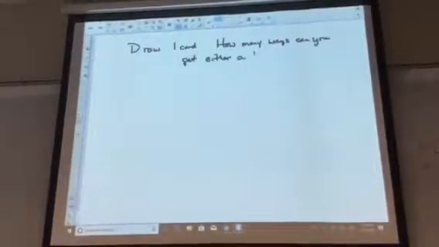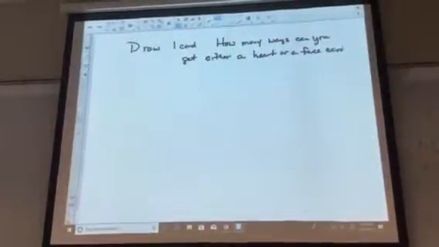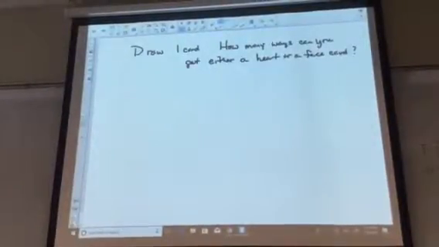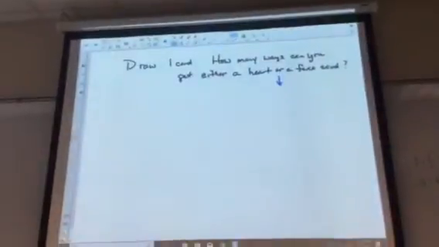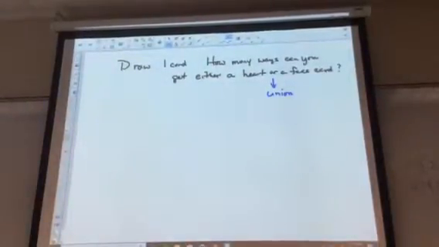Either a heart or a face card. An or statement says that I'm dealing with a union operation.